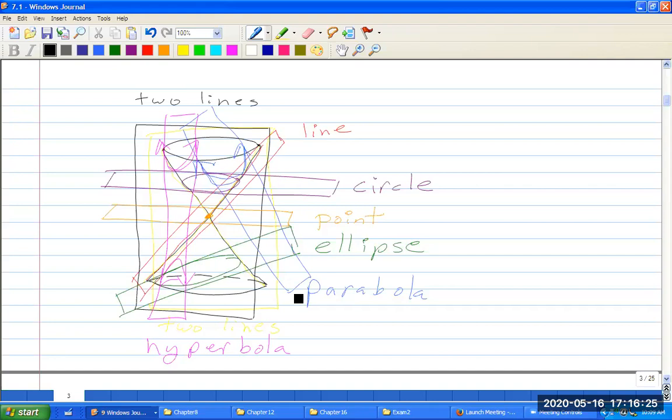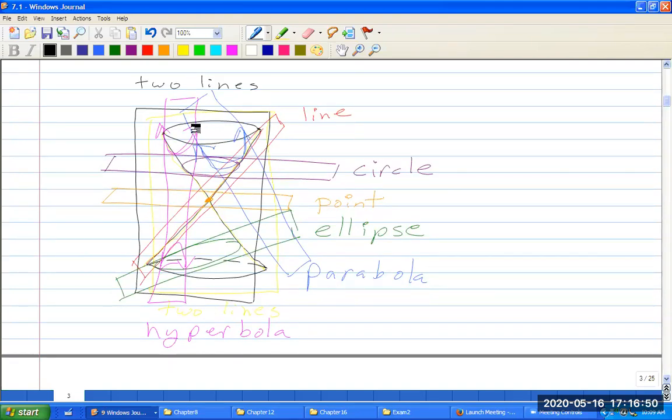If I slice it across here, where it only intersects one of these at this angle, then I'll get a parabola. Whereas if I slice it going through both parts of the cone, then I'll get something called a hyperbola.